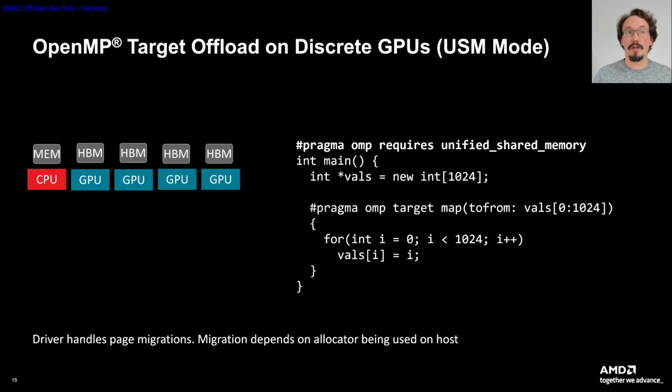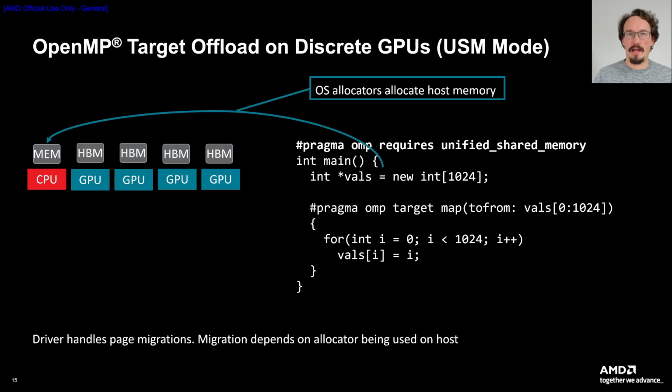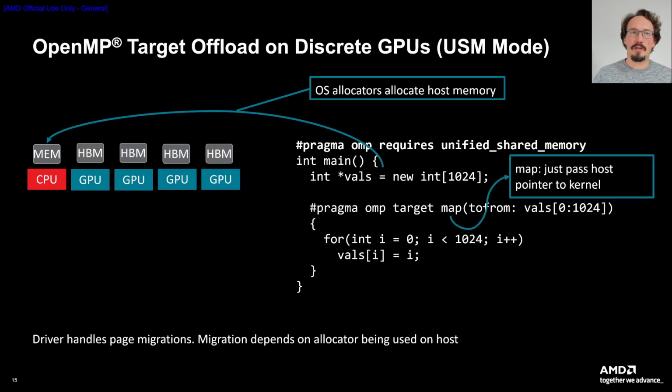As before, the code allocates some memory via the regular operating system provided allocation mechanism. Next, however, the map clause does not lead to a data copy across the PCIe or similar link. Instead, it maps the host pointer to the kernel, which means that it can also be omitted.